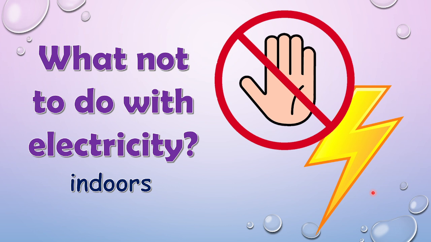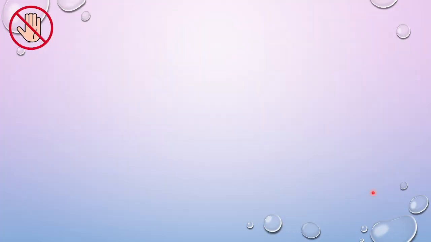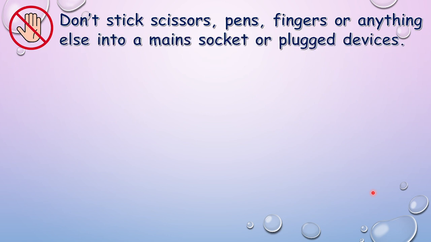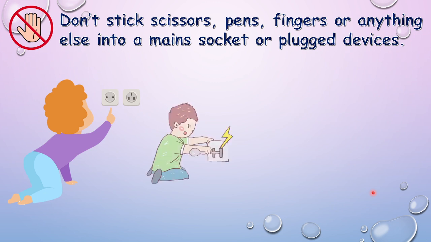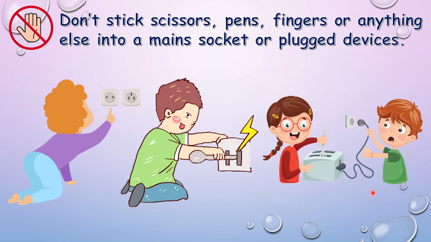Okay, now today we are going to talk about things that we should not do inside our houses. The first one is don't stick scissors, pens, fingers, or anything else into a main socket or plug devices. Do not put your fingers or spoons, scissors, pens, right?